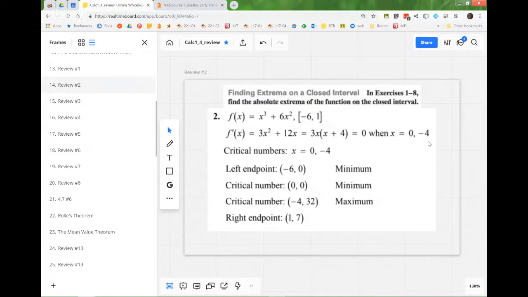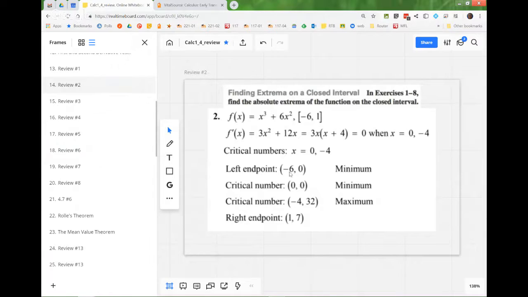Of course, the problem's not done because we need to also check the 2 points, -6 and 1. So that's what you're doing down here. And in order to find these y coordinates, we had to plug into the original equation, not the derivative.